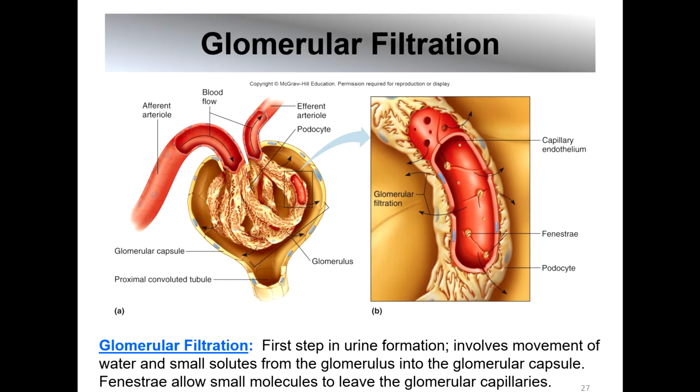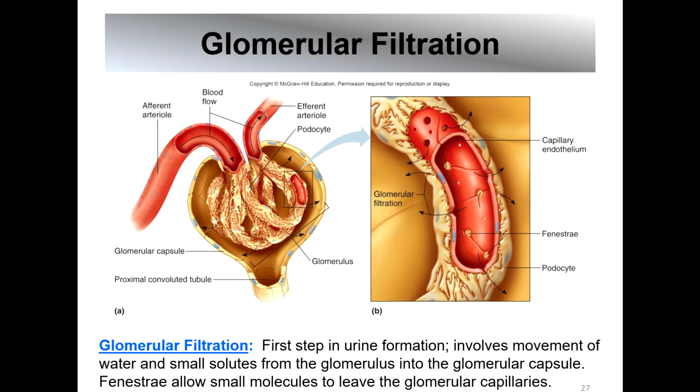We've got the colloid osmotic or oncotic pressure, which is related to the concentration of solutes in the blood. And so if there's a lot of, say, protein in the blood, that's going to attract water out of the capsular space and back into the blood.